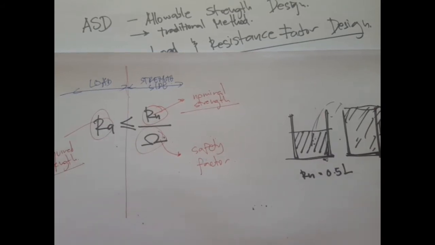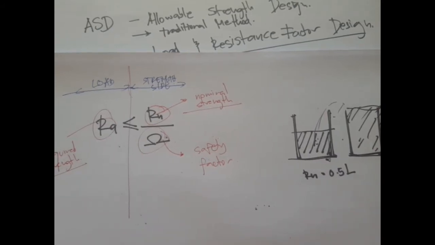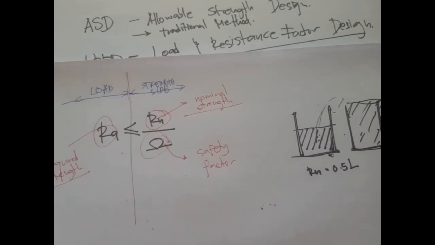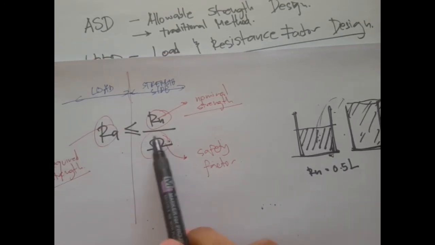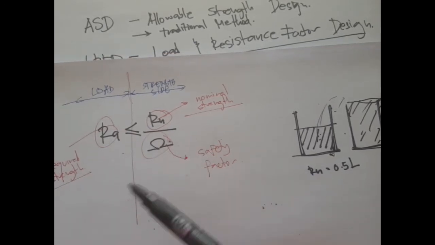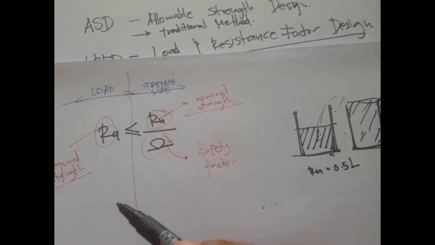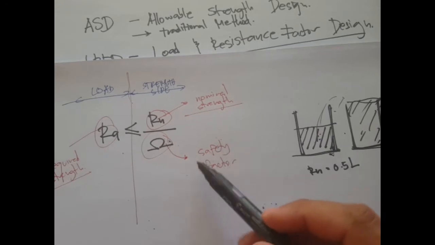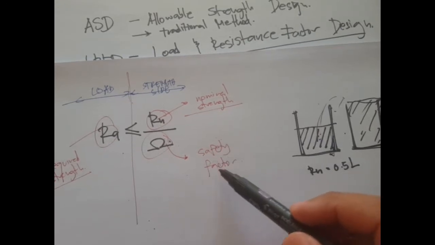Okay, so we included a safety factor. Where do we get this value of safety factor? That's going to be specified in the codes. For example, you have a combination of dead load, live loads, and let's say earthquake loads. Then what's going to be the safety factor? We'll be able to find it in the code.